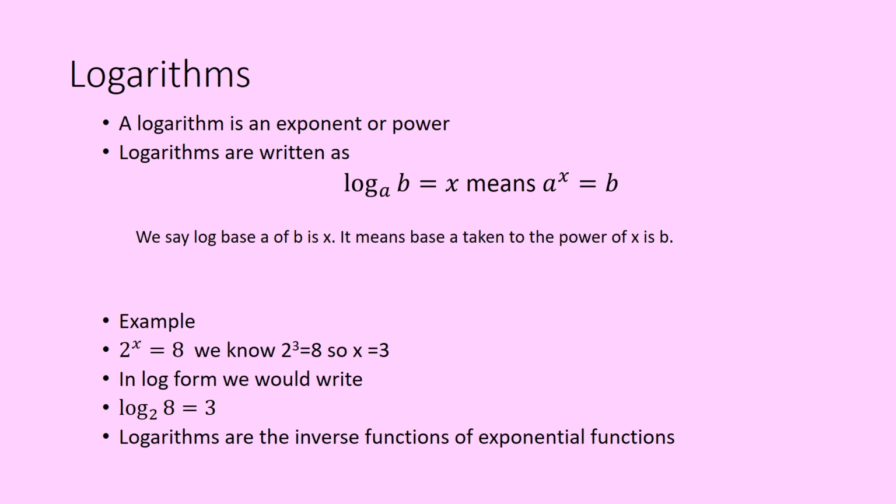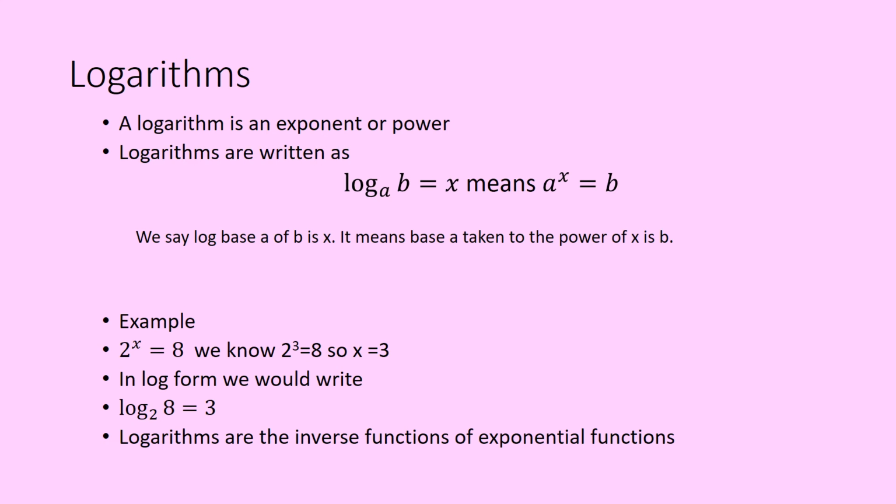So in log form, we could write this as log base 2, because that 2 is the base, of 8 is equal to 3. So the power is 3 and the base is 2, easy enough. And the number 8 is what we're taking the log of. So the log base 2 of 8 is equal to 3.